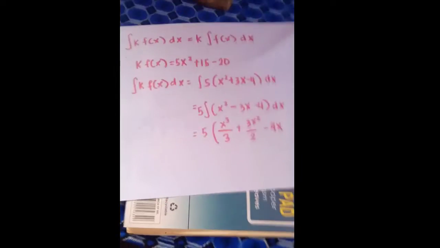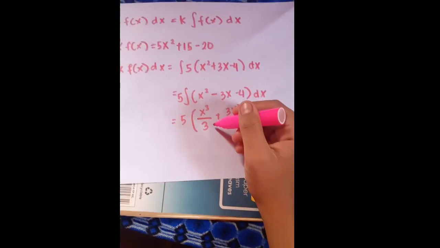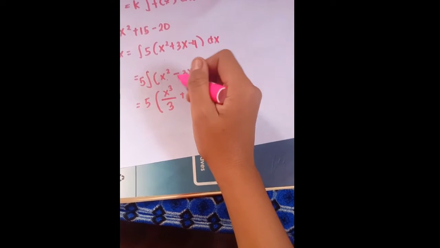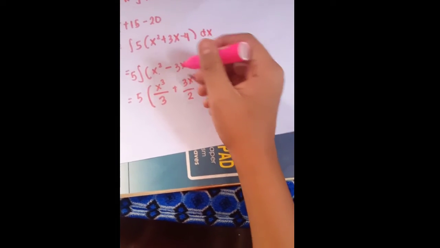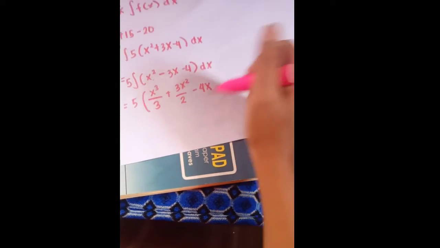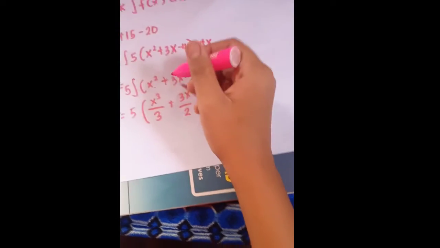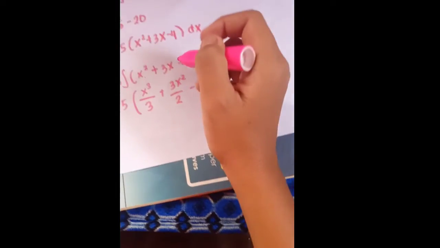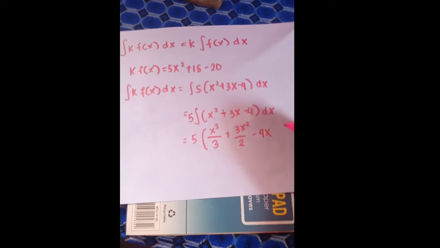So where did I find it? I use the integral of x squared, which is x cubed over 3, and the integral of 3x, wait, I missed this sign, which is 3x squared over 2.